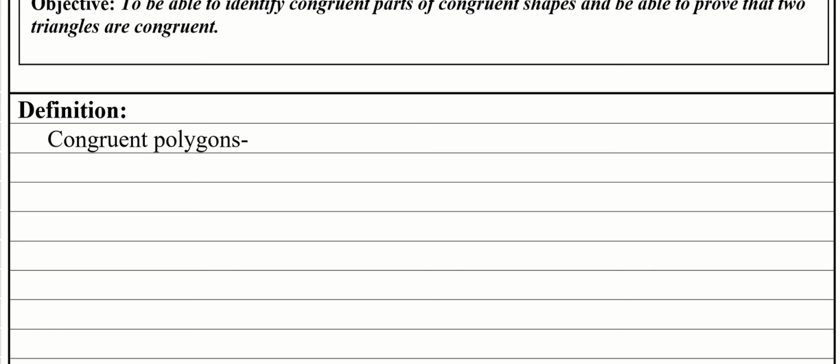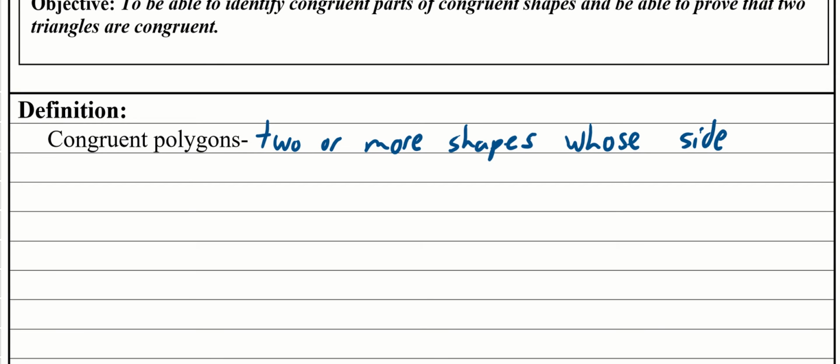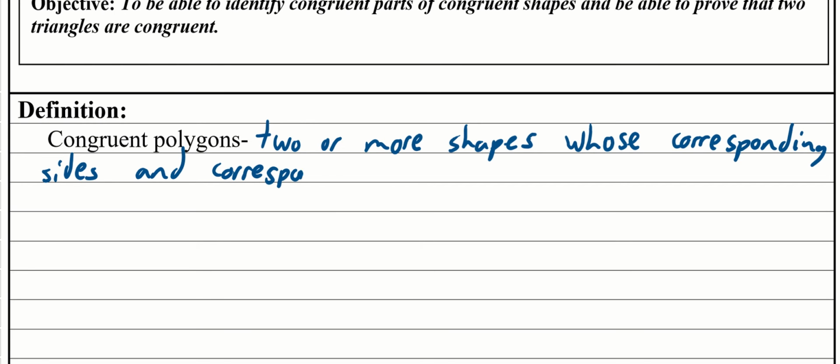So congruent shapes are just two or more shapes whose corresponding sides and corresponding angles are congruent.